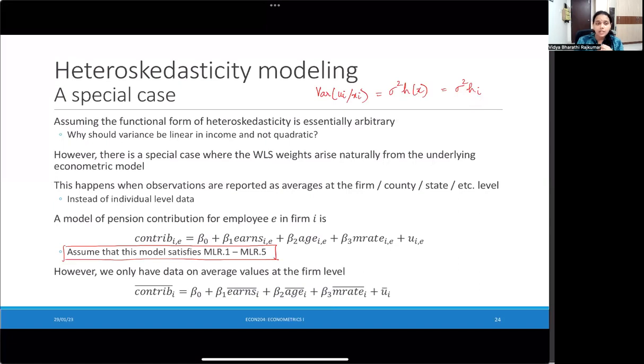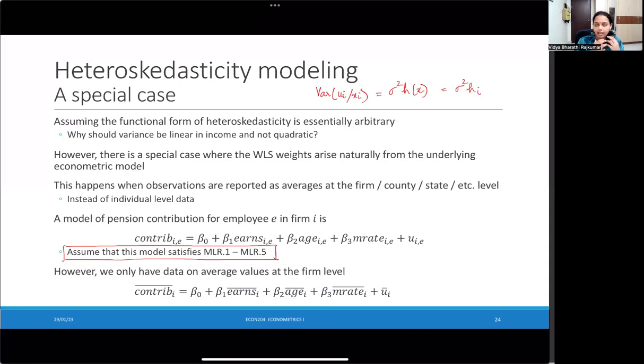Now we're going to review a very special case where the way in which we assign this h_i function actually arises naturally from the way the econometric model is constructed. This often happens when you have data that is reported as averages rather than actual numbers. For example, let's look at a model where we're trying to model the pension contribution of employees.